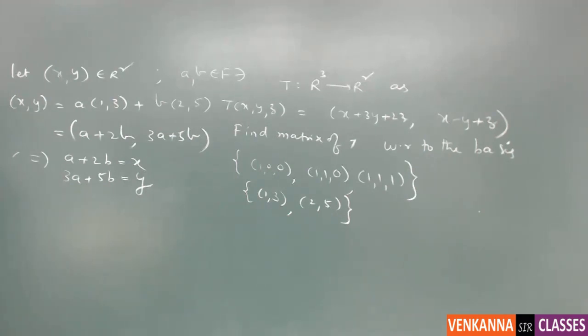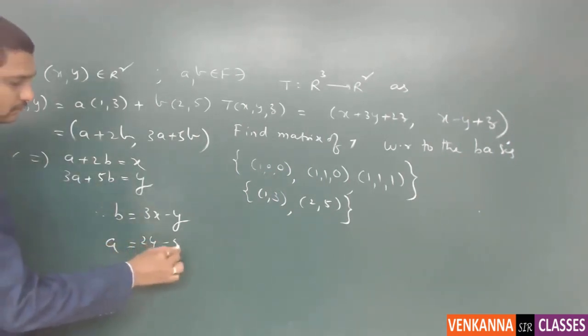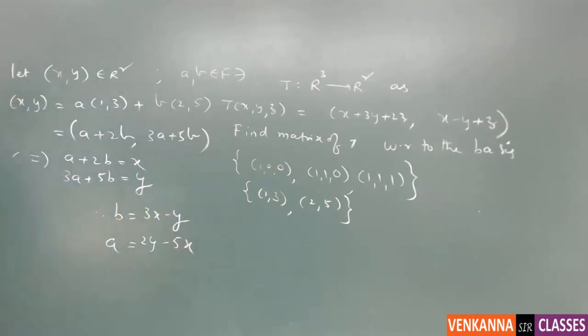So can I say that b is equal to 3x minus y? Accepted? Yes or no? And a is equal to 2y minus 5x.